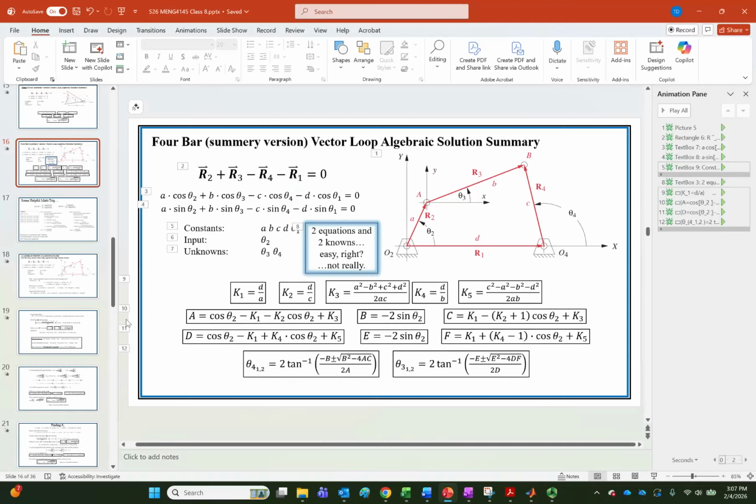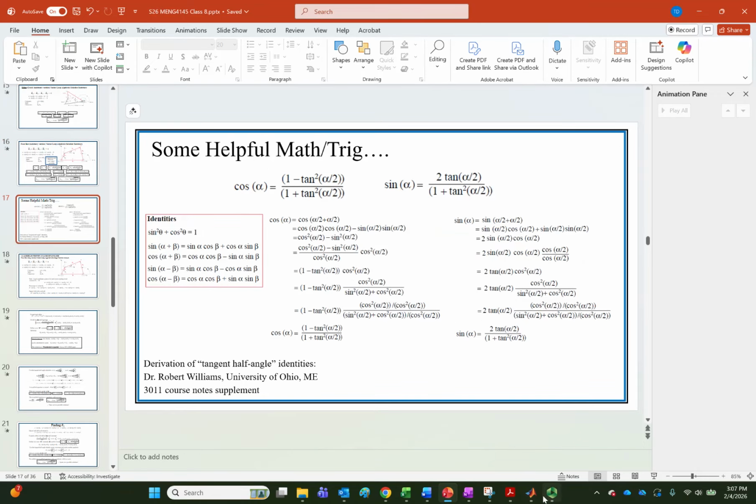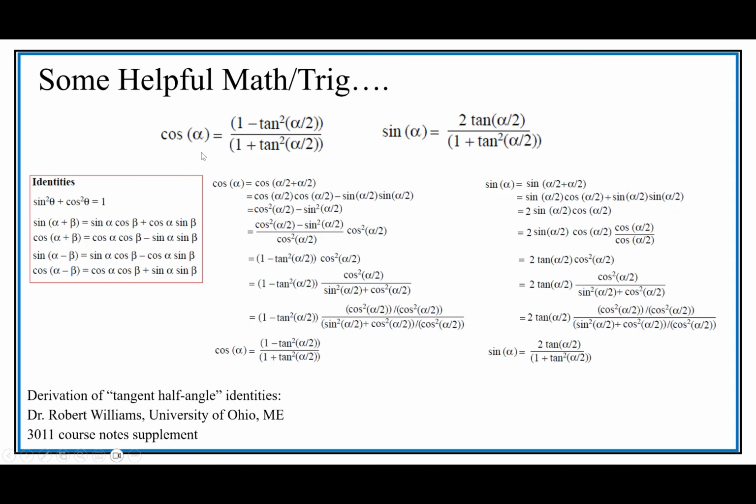Mentioning some helpful trigonometry along the way would be a good idea, and that's the half angle identities. Dr. Robert Williams walks through a derivation of the half angle identities.